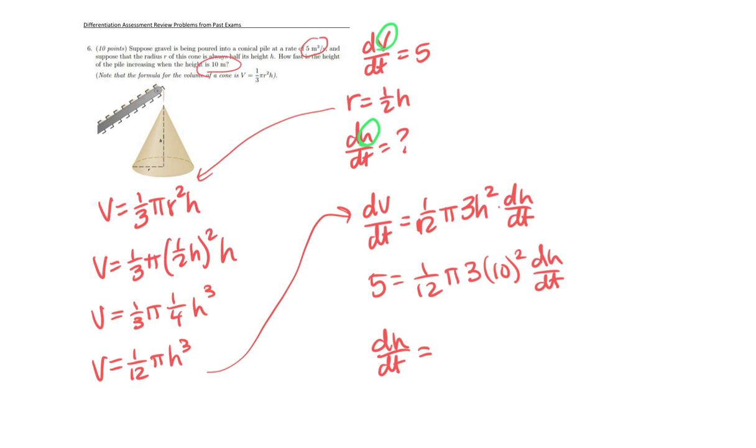So I get 0.0636. Put my decimal place in the wrong place. 0.06366. And then the units for that, well, the height is in meters, and my dV/dt was in meters cubed per second, so the time unit is in seconds. So that's meters per second.